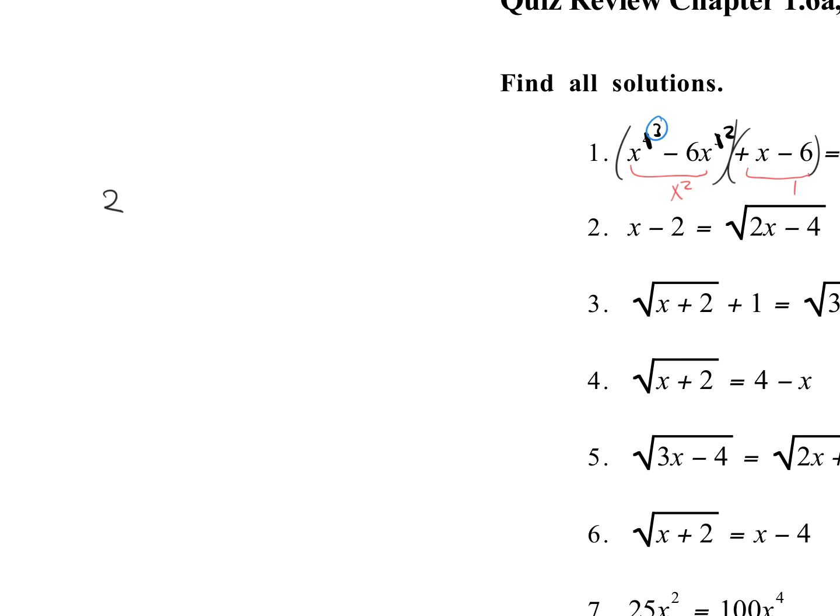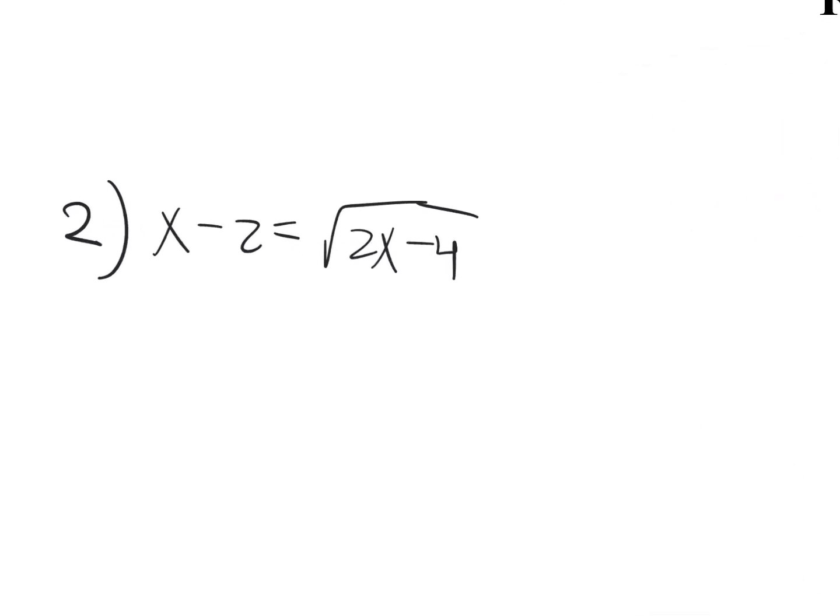All right, so I'll write it over here so that there's room. The first thing we always want to do is make sure the radical is by itself. Is it by itself here?